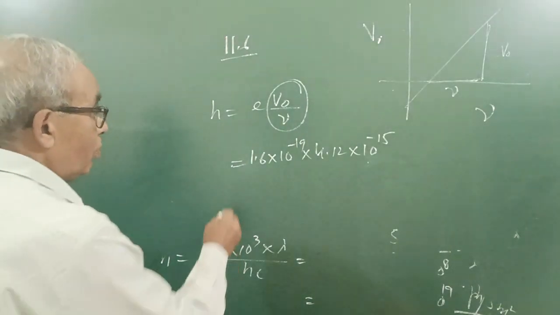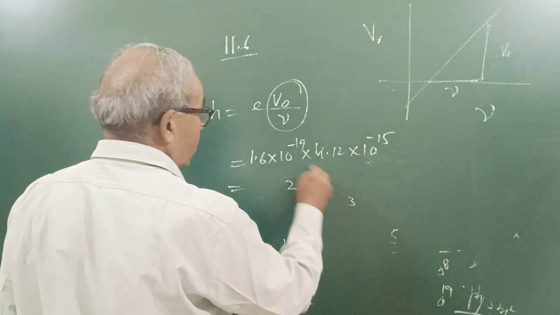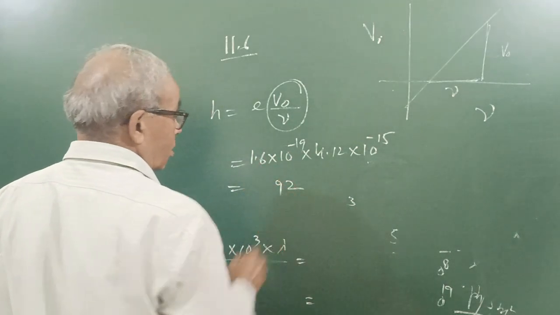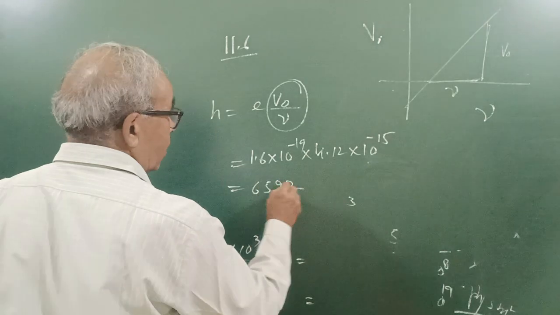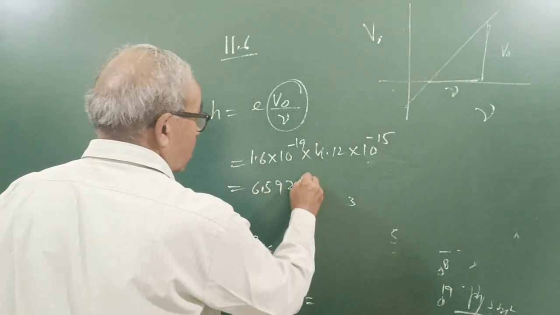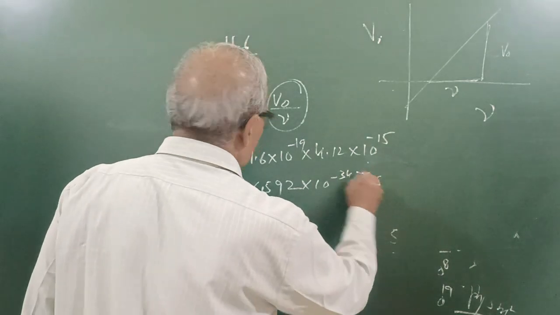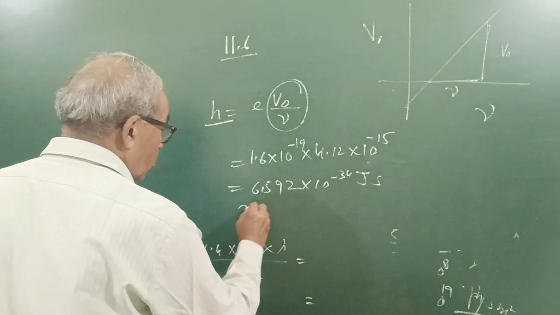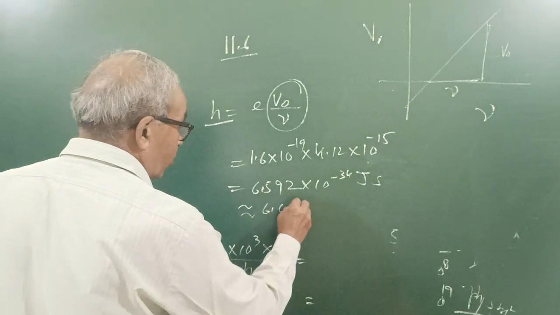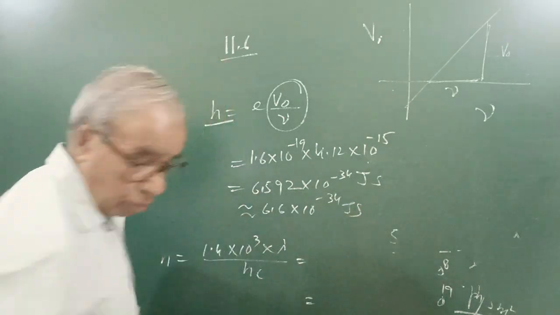So simply you multiply: 1.6 into 4.12 is 6.592, decimal after 3, into 10 to the power minus 34. Joule second is the unit of h. So it nearly comes out to be 6.6 into 10 to the power minus 34 joule second.